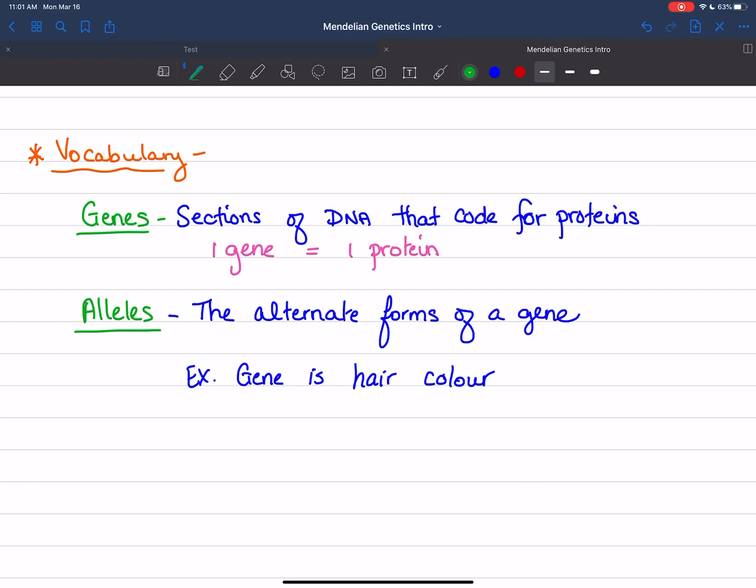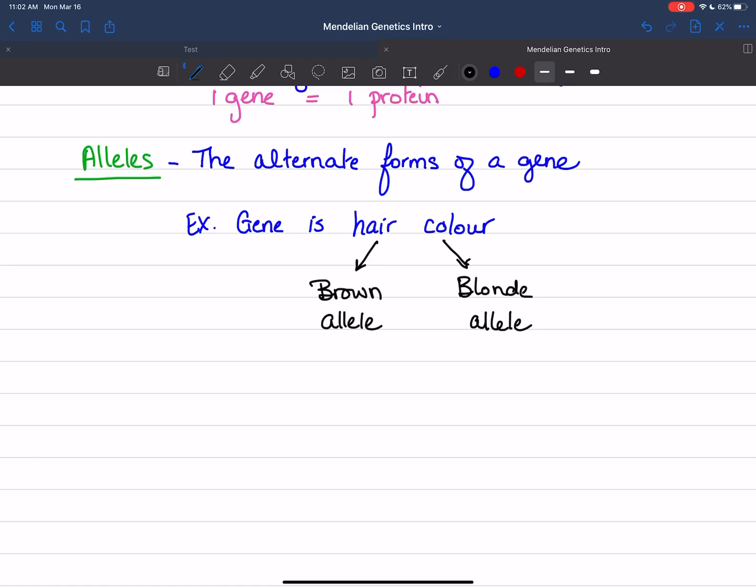And for this particular gene, I can have the brown allele, let's say, and then we can have the blonde allele. Obviously, we are oversimplifying. There's more than two colors of hair, but we're going to say these are the different forms of a gene. You could have attached earlobes versus free earlobes, hitchhiker's thumb versus a straight thumb. Those are all different alleles for different genes.